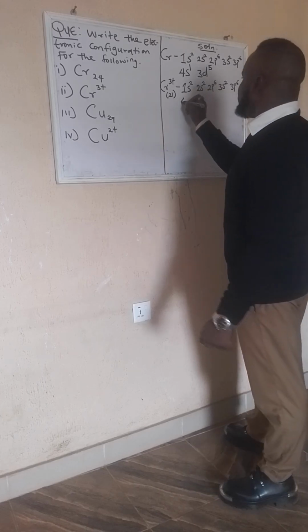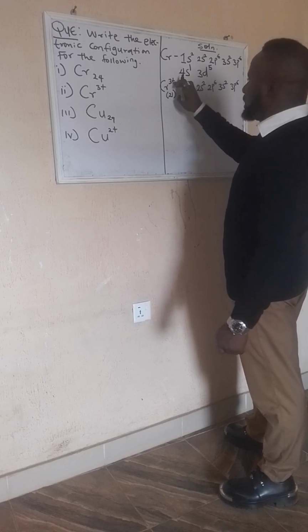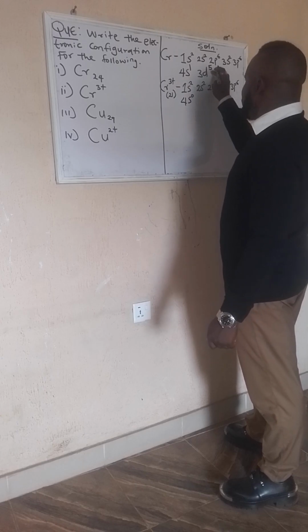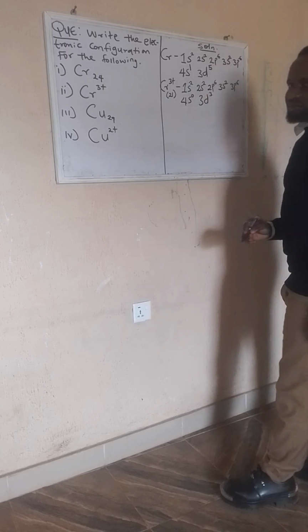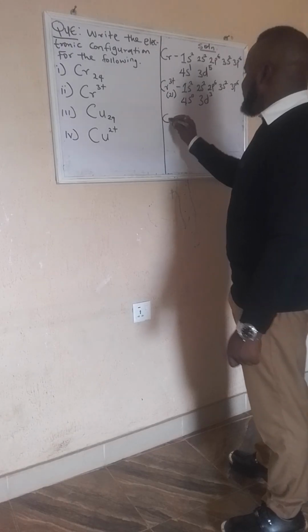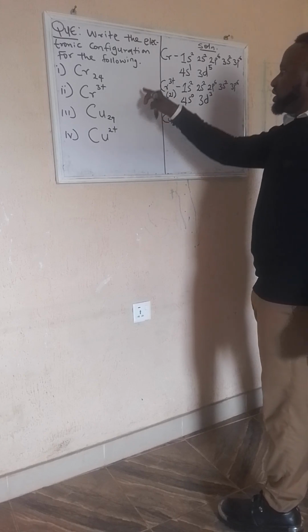So I'm going to have 4s0. That means one of the electrons has gone out of the 3 electrons lost, and 2 will now be lost from the 3d3.